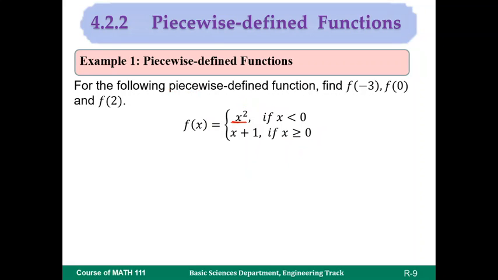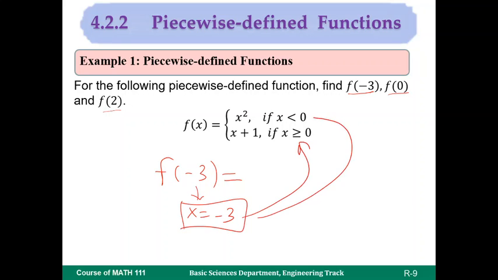Now, let's see that on the example. It says, for this function, find f of minus 3, f of 0, and f of 2. Let's check f of minus 3. First, your x is this. Now you check which one applies. Which one is true? Is minus 3 bigger than or equal to 0? No, it's not true.